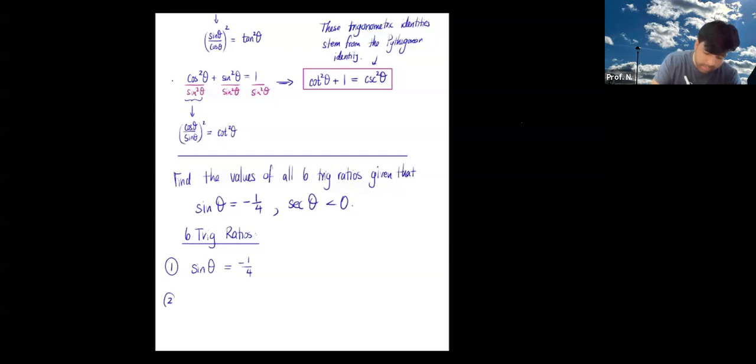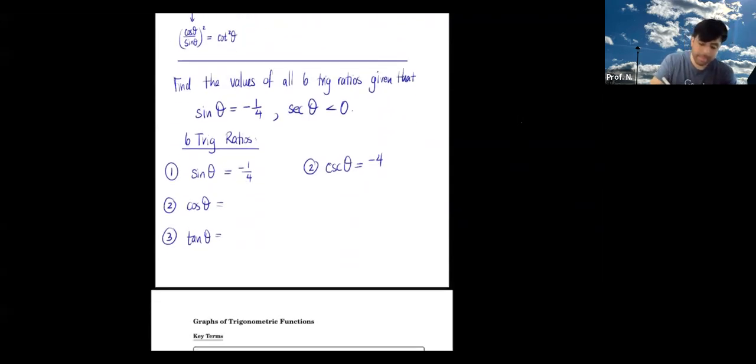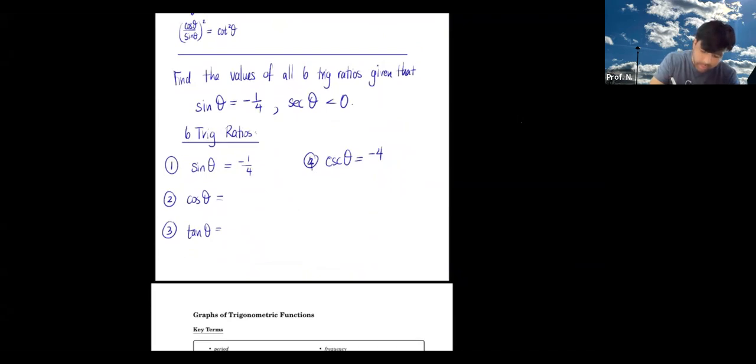And then I have to find cosine of the angle, and then I have to find tangent of the angle. And once I know those, then I know the reciprocal ones, right? For example, this would be cosecant theta, which will be equal to -4/1, which is just -4. Whoops, this should be 4. And then 5 should be secant theta. And then 6 should be cotangent of theta.